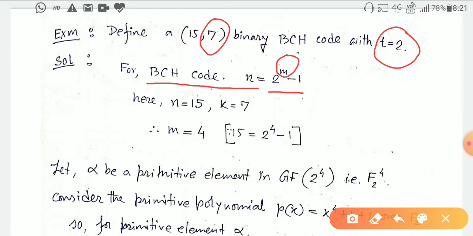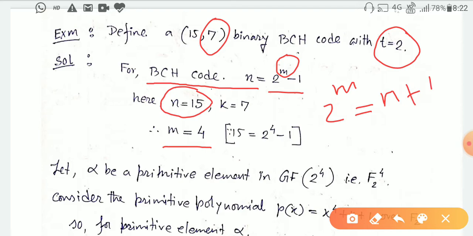Since n is equal to 15 in this case, m should be equal to 4, because 2 to the power of m is equal to n plus 1.